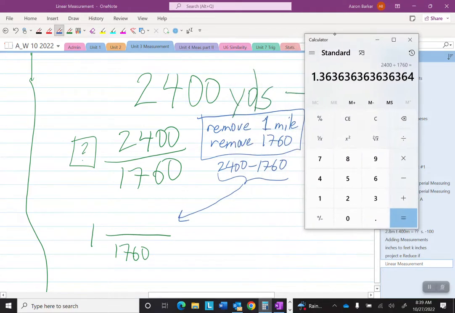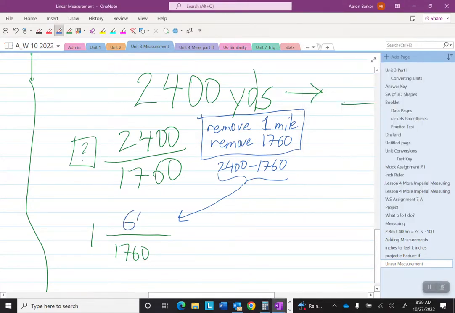If you can do that in your head, that's awesome. I can't. Because me no smart. 640. Okay, 640. So the answer then is 1 mile, 640 yards. Questions, comments, or concerns?